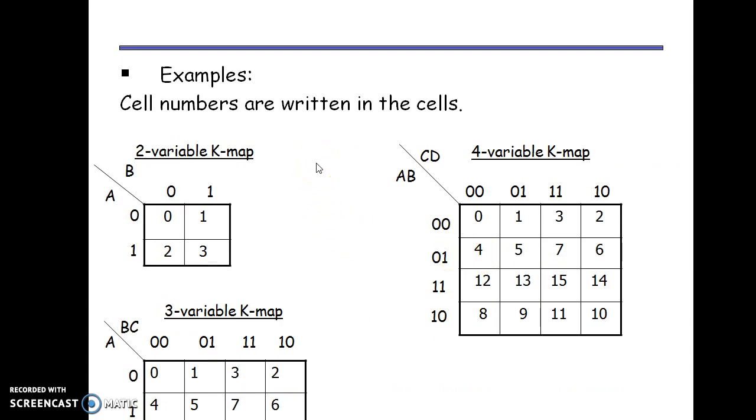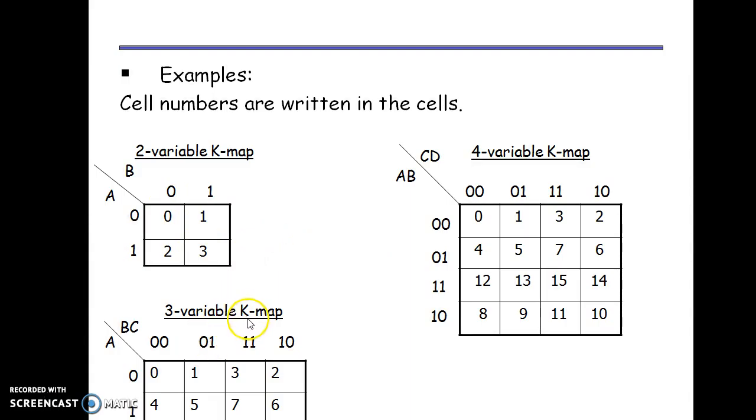Now how the cell numbers are written in the cells. In the 2 variable K-map the cell numbers are like this: the 0th cell, first cell, second cell and third cell. We can also see this from the decimal equivalent of the binary. 0 0 has decimal equivalent 0. 0 1 is 1. 1 0 is 2. 1 1 is 3.